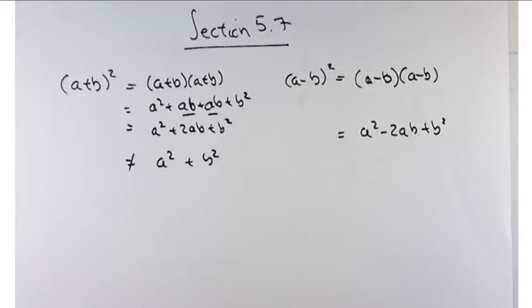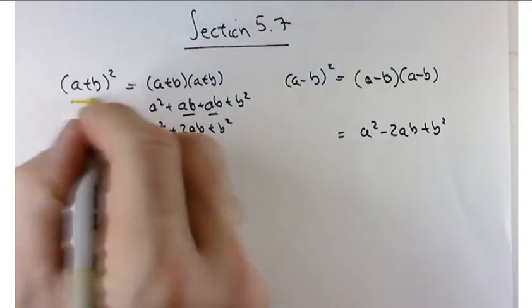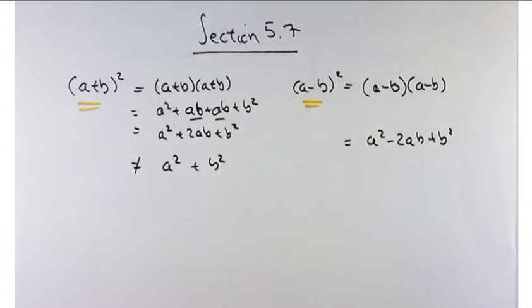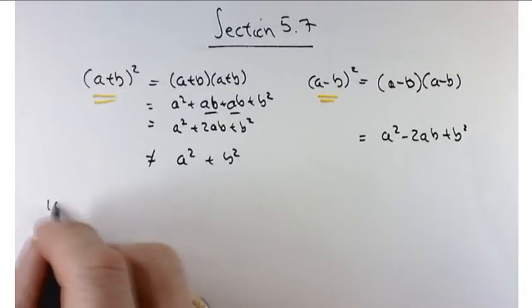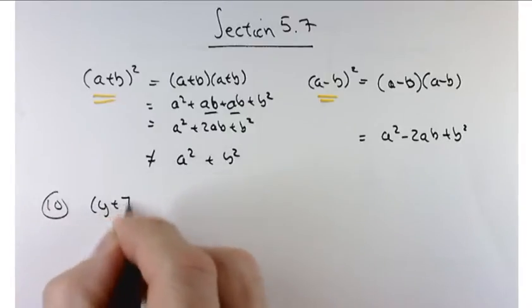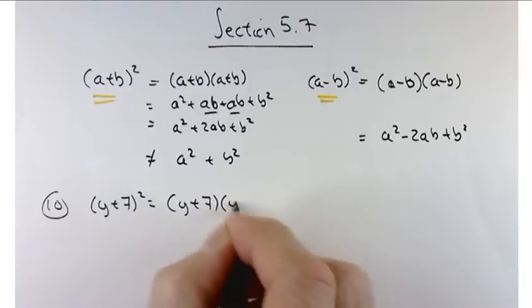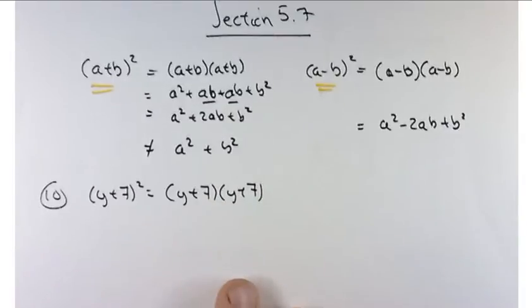Now my suggestion to you at this point is that when you square these types of things out, you just repeat the binomial and multiply it by itself. So we'll start with problem number 10, y plus 7 squared. And we'll start by multiplying that by itself. That is, write y plus 7 times y plus 7.